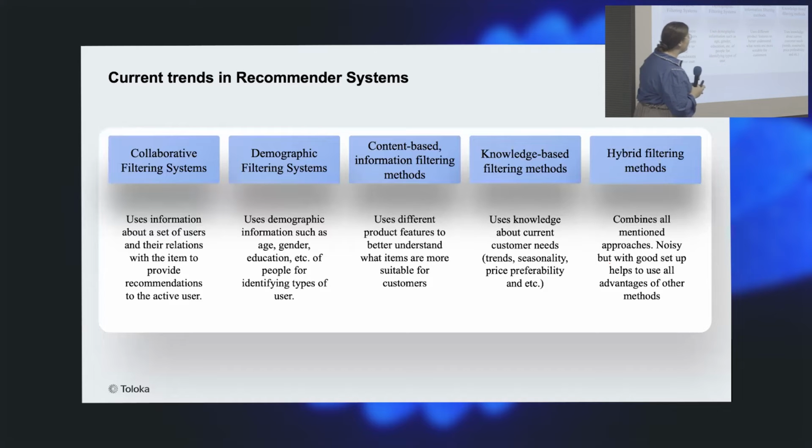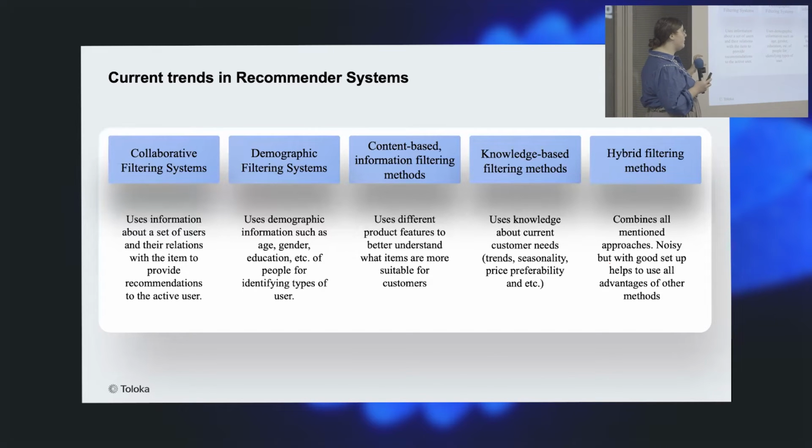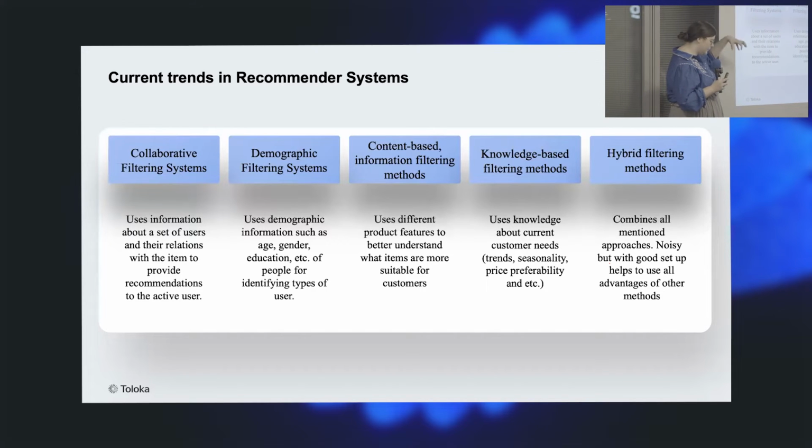And the fifth category is hybrid filtering. So you can actually take any of these and combine them. This will have a more difficult neural network structure, because for some of them you use autoencoders, for some of them you use matrix factorization, for some of them a difficult ranking system.